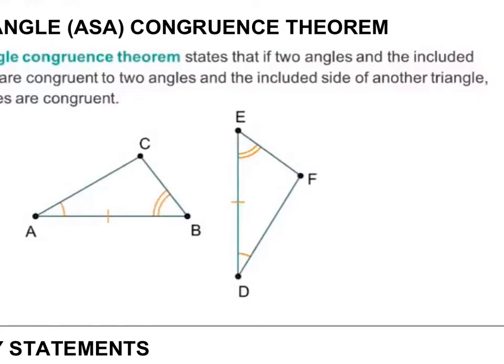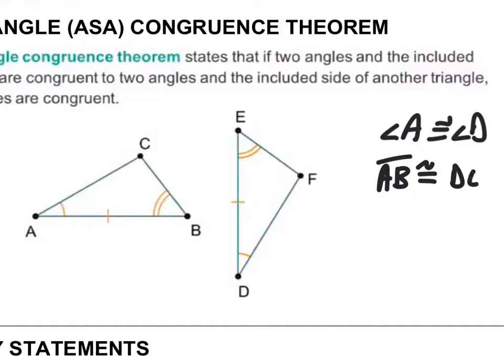What I know is that angle A is congruent to angle D. So I'm going to write that over here. I also know that segment AB is congruent to segment DE.